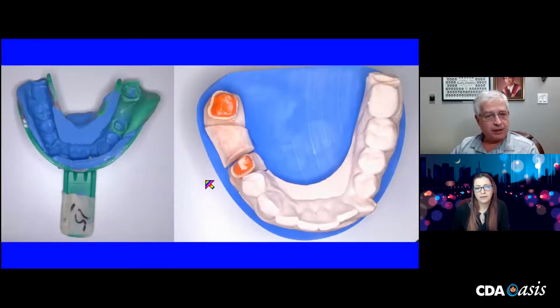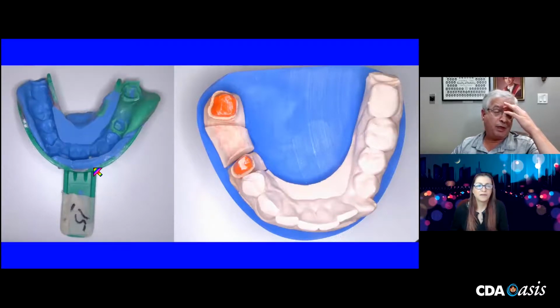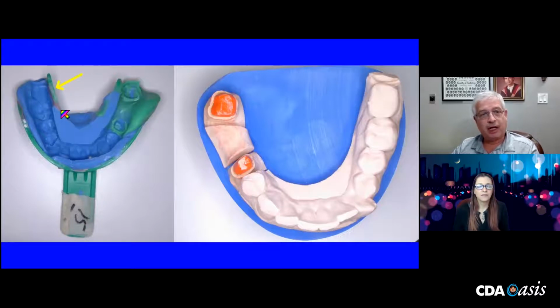By contrast, I had an impression and a model sent to me to be critiqued. Here's a stock tray. I've made much about using custom trays because a custom tray will fit an arch more intimately, more correctly. And here you can see that this flange is already bumping up against structures on the contralateral side of where the teeth were prepared.